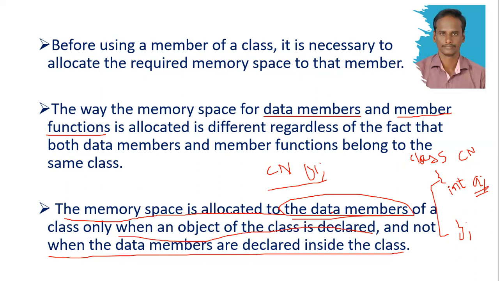When you create object o1, only then is the memory space for a created. Look once again: the memory space is allocated to the data members of a class only when an object of the class is declared, and not when data members are declared inside the class. When the data members are declared inside the class, it will not create any memory space for the data member. When you create an object for the class, only then does it create memory space for the data members.